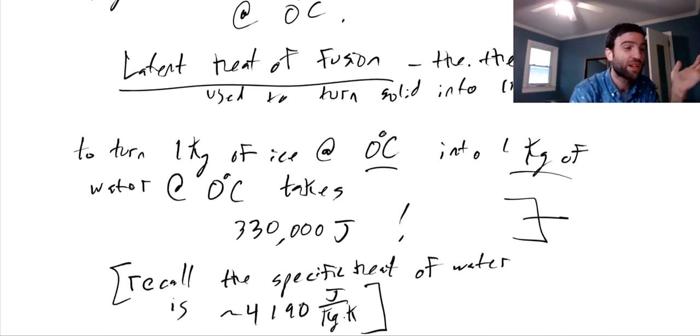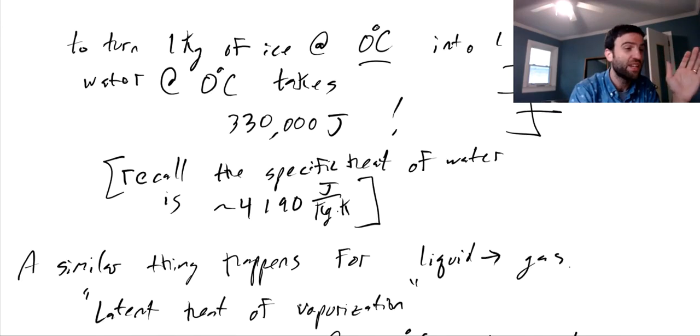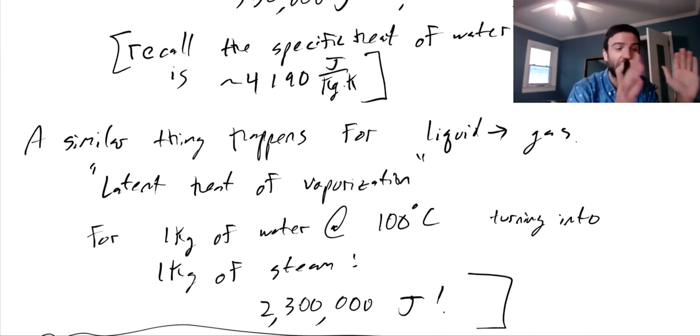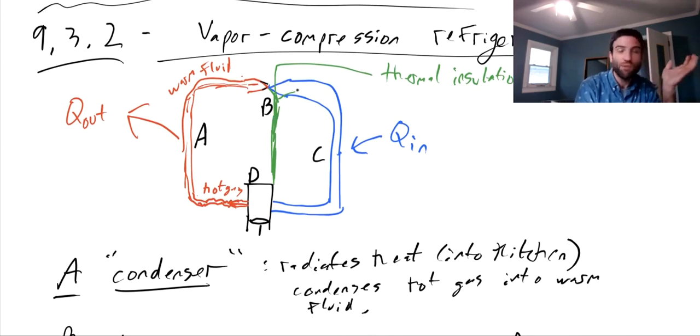So just like we talked about here, even if you have water at 100 C, it's not just going to immediately turn into gas. You still need to supply thermal energy in the form of this latent heat of vaporization. So a similar thing happens here. You've got this already warm fluid, but it's at a point in its pressure, temperature kind of phase space where it wants to turn into a steam or a gas.